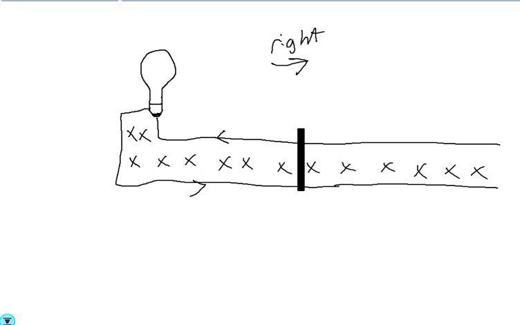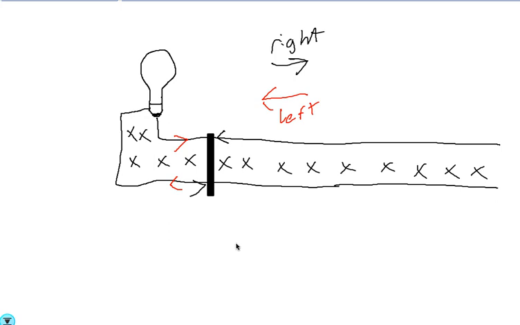Now if I move to the left, rather than increasing how much magnetic field is going through it, I decrease the amount of magnetic field going through it, so the current is going to go in a clockwise direction.